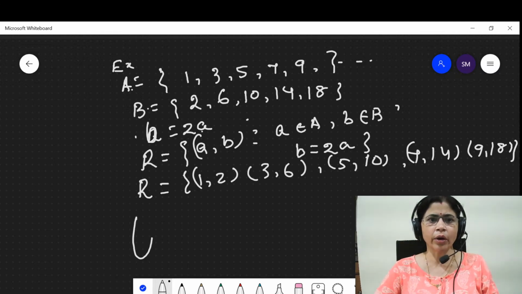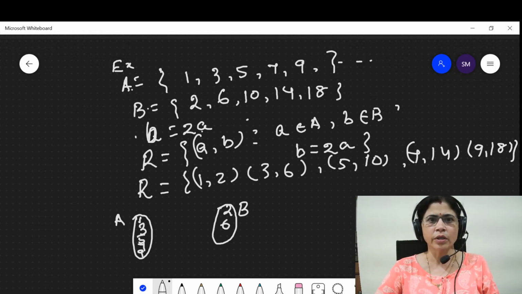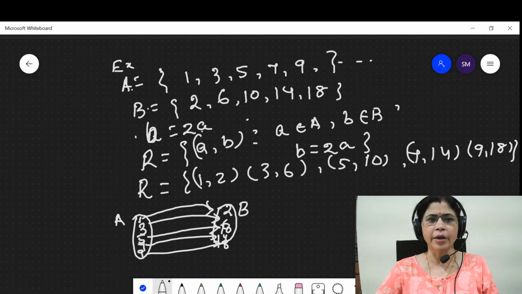In arrow diagram form, suppose this is set A and this is set B. Here 1, 3, 5, 7, 9, and here 2, 6, 10, 14, and 18. Here 1 is related to 2, 3 to 6, 5 to 10, 7 to 14, and 9 to 18. Here R is the relation from A to B such that b is equal to 2a.